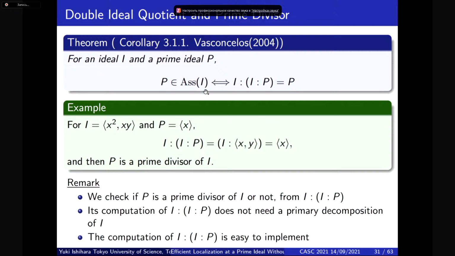By using this equivalent condition, we can check whether P is a primary divisor or not using only the ideal Y and the prime ideal P, without computing the primary decomposition of Y. So the double ideal quotient is very useful to check primary divisors.